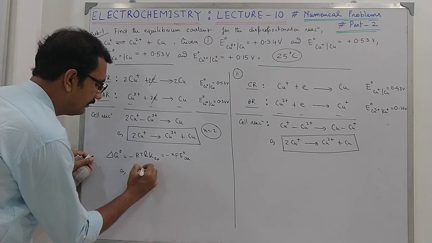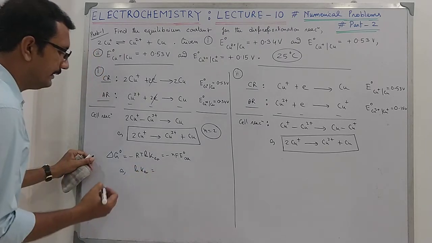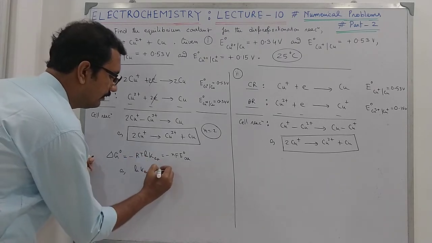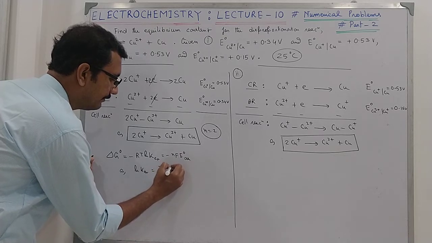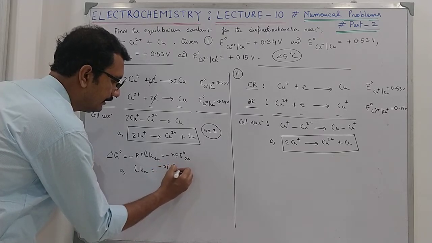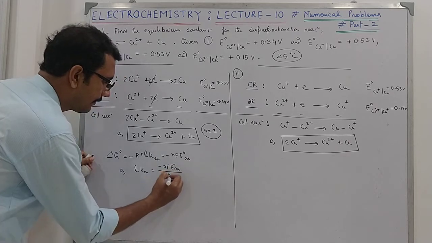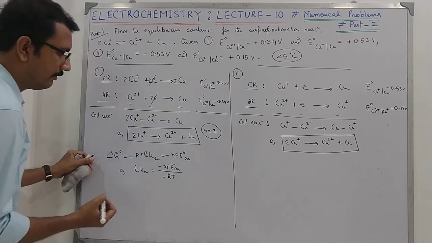So ln K equilibrium will be, you take this here, so it will be minus nF E0 cell by minus RT. Is it okay?